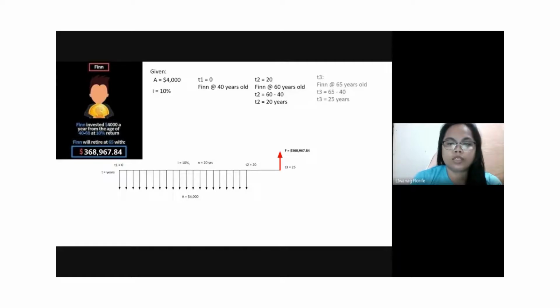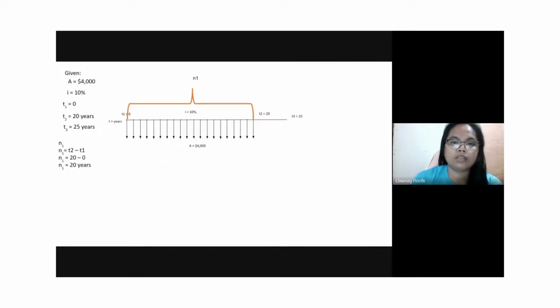And then we have T3 when Finn is at 65 years old. So the time difference from the start of Finn's investment when he was 40 years old until his retirement at 65 is 25 years, or subtracting 40 from 65 years, we have 25 years. We have here the N1 or the number of years from the start of the annuities until its end, from T1 until T2, of 20 years.